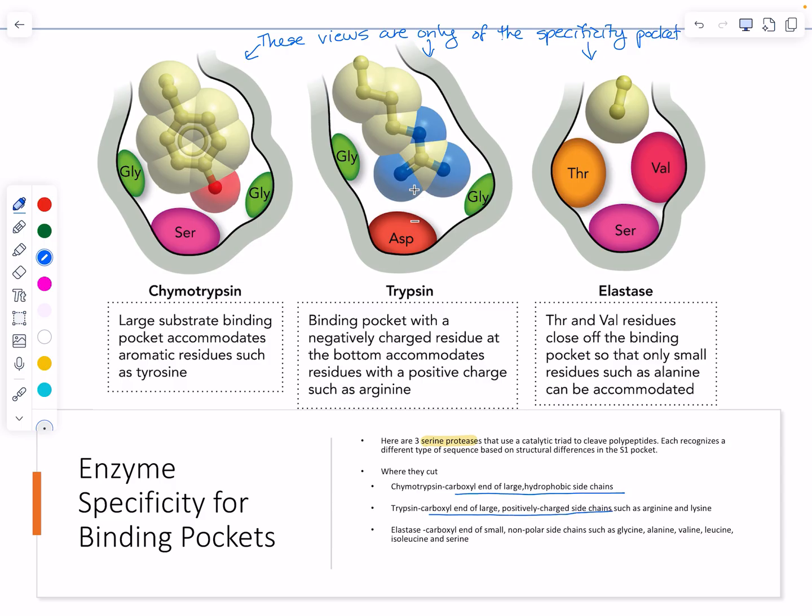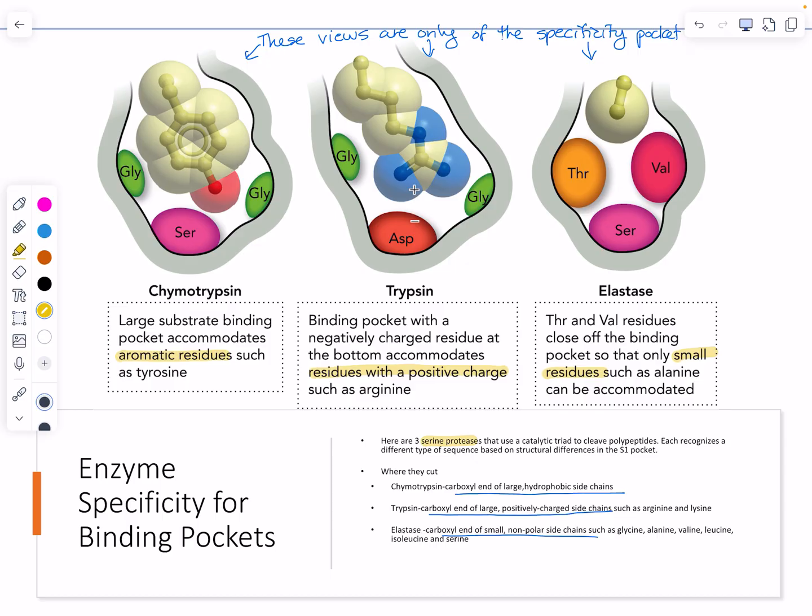And then elastase cleaves on the carboxy end of small nonpolar side chains. So we've got aromatic hydrophobic residues, we've got residues with a positive charge, and then we have small residues. So that's the difference in specificity in terms of what's going to bind in the active site.